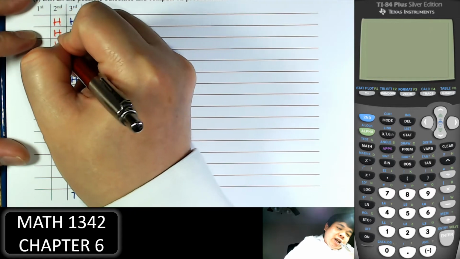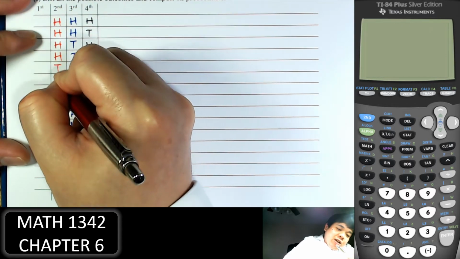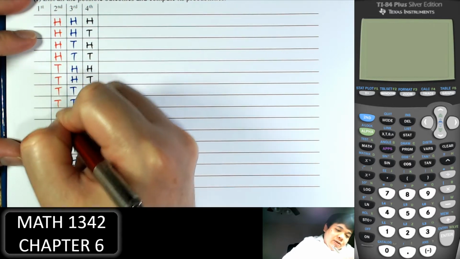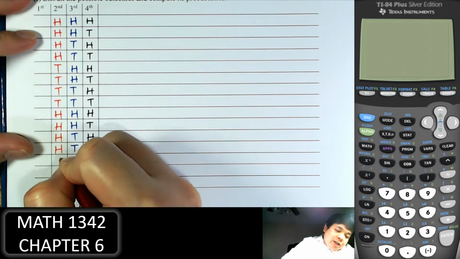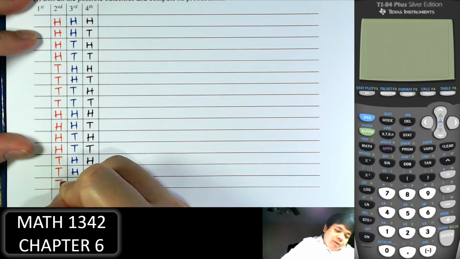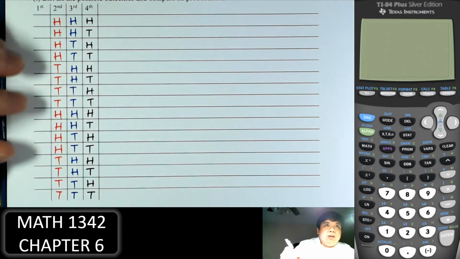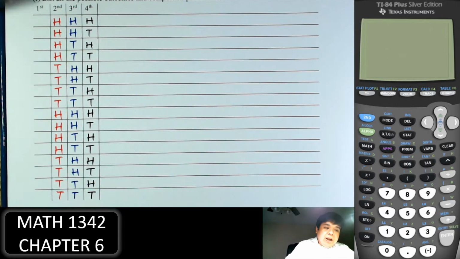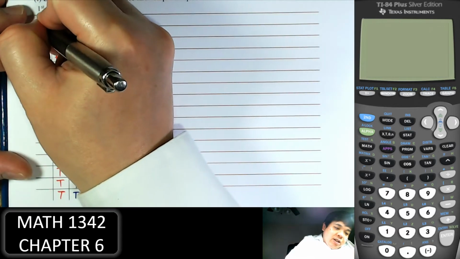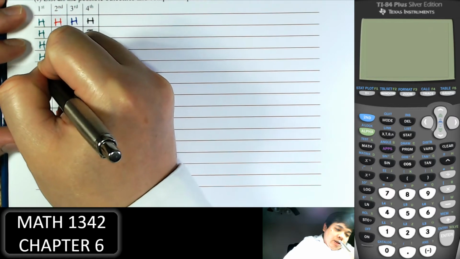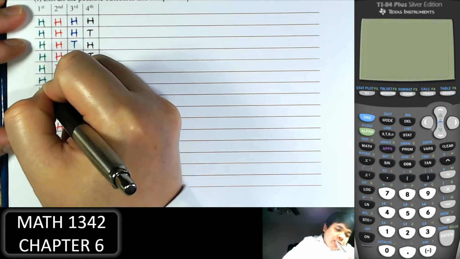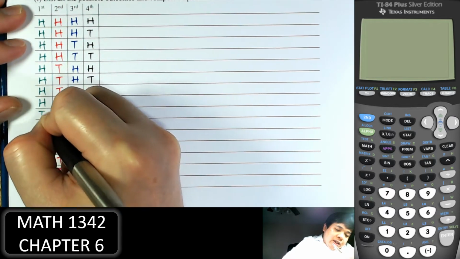Head, head, head, head, tail, tail, tail, tail, and then the same again. And the first column will be 8 heads and 8 tails.